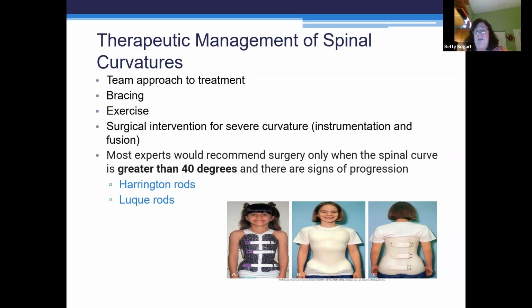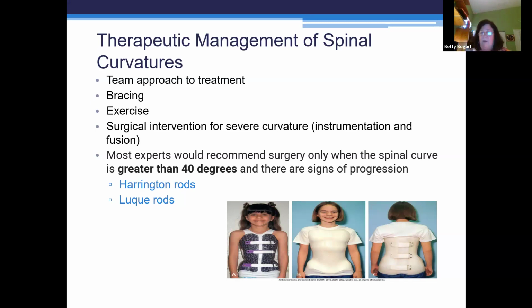Now, if this curve is greater than 40%, usually when they get up to maybe 50%, they're going to have to do surgery. And they do something called Harrington rods or Luque rods, or they also call it a spinal fusion. And they try to straighten out the spinal column as much as they can.